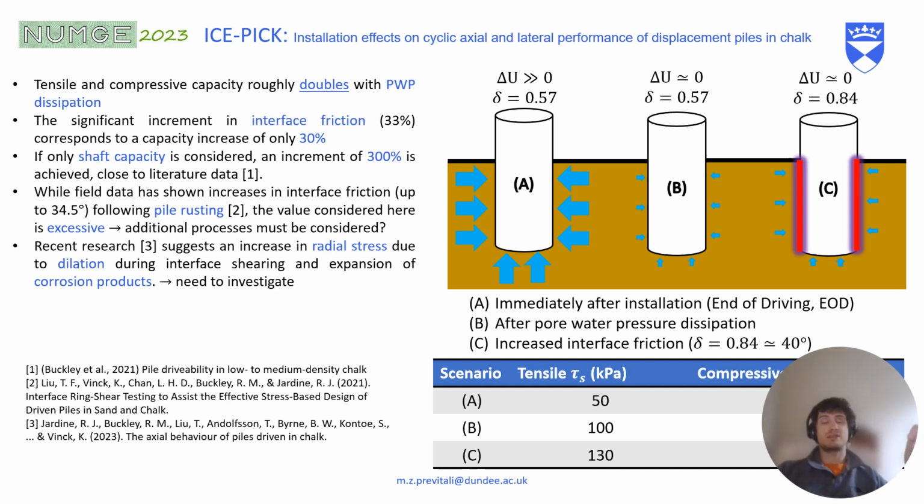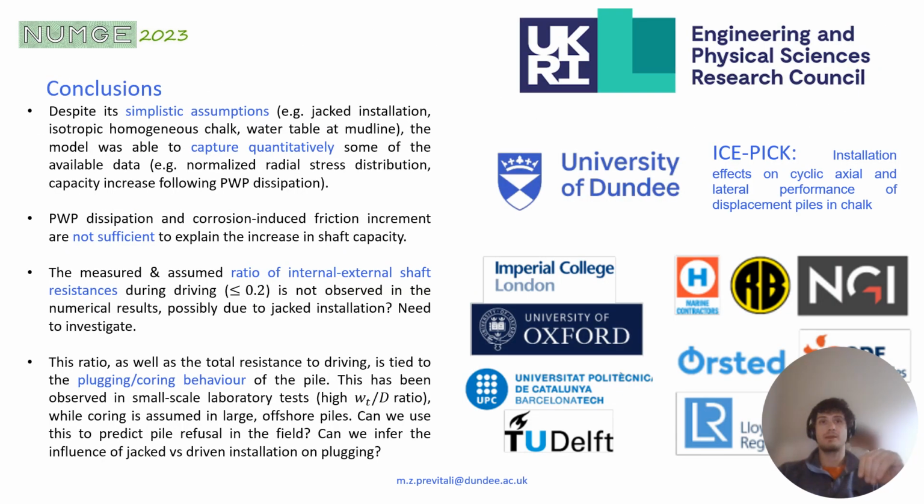However, to do this, we had to fudge the data and use non-physical excessive contact friction coefficients, which means a more realistic friction coefficient such as 35 degrees is not enough, and therefore it's necessary to consider different additional phenomena to explain the increment in pile capacity.